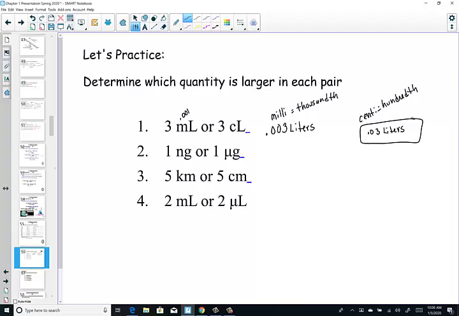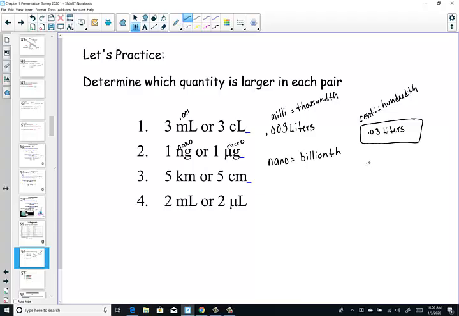The next one gives us nanogram, and that prefix nano represents a billionth. And the other is microgram. Nano versus micro, that's another good thing to write. Nano, billionth, and micro means a millionth.